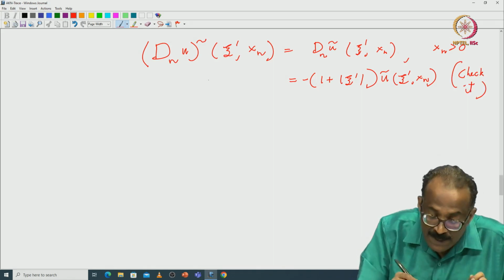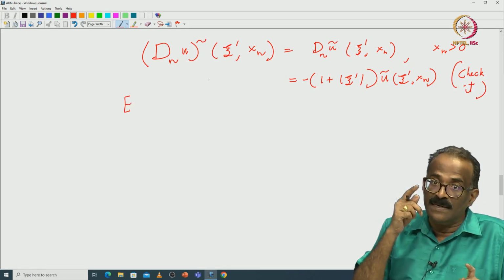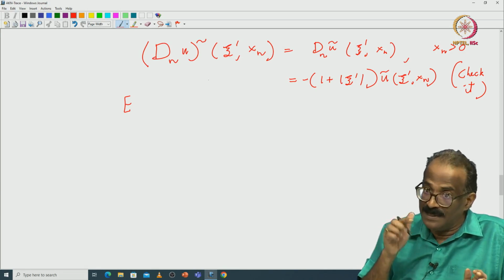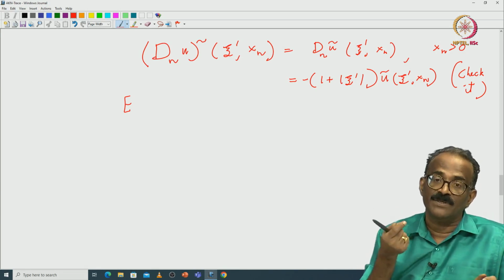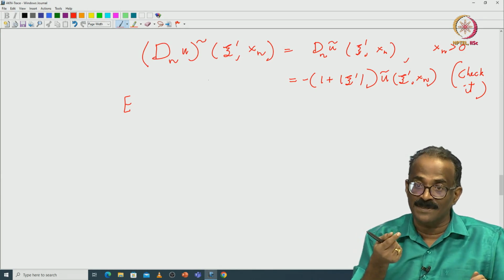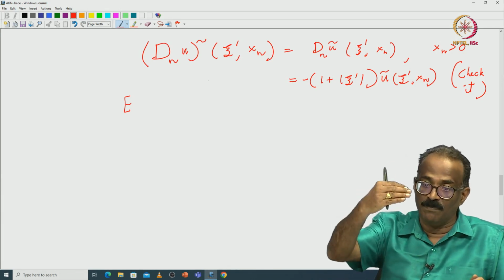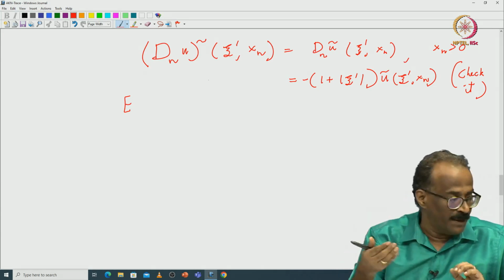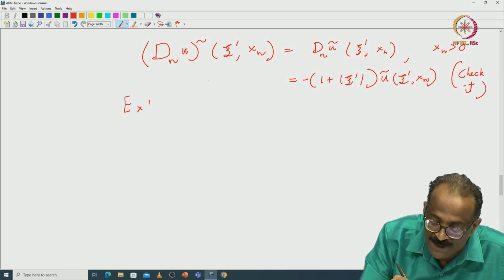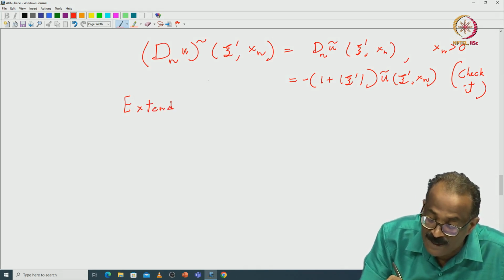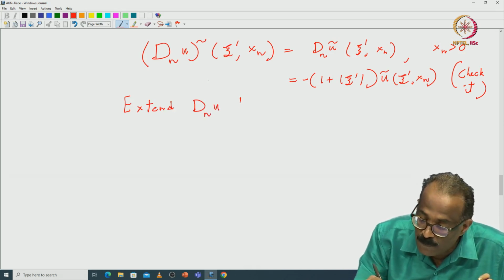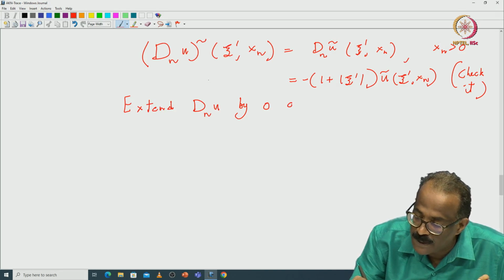And then I am not taking the extension of u and then taking the derivative. Rather, these are all small tricks you would have learned anyway in Sobolev spaces, distribution theory, etc. You take dn of u on the upper half plane, take the Fourier transform, and now extend dn of u by 0 outside.